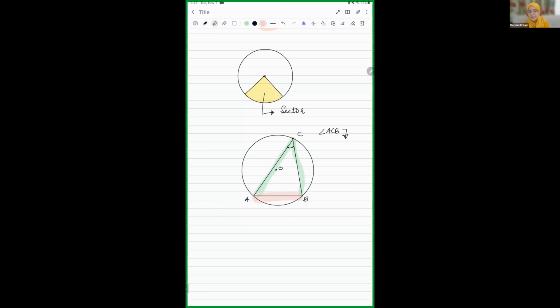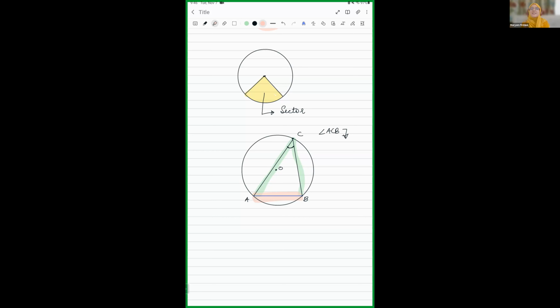Understood what subtended means? Ma'am, can you give a definition one more time?